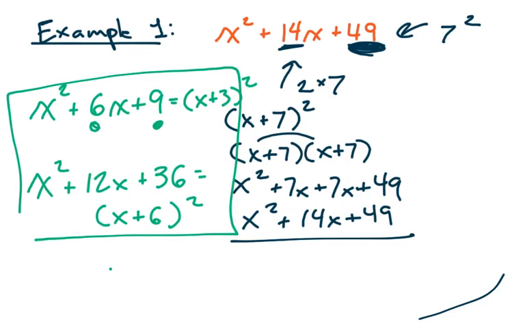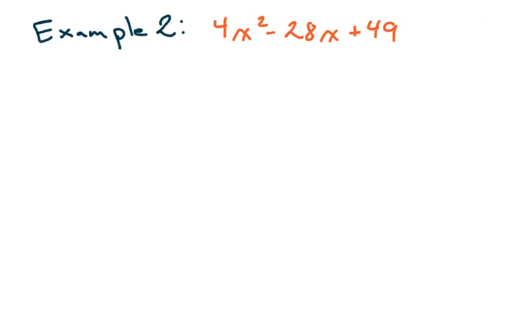Okay, next example is not as easy to see. And we wouldn't be using this type of thing for a completing the square problem, but it's useful anyway if you happen to see the pattern.